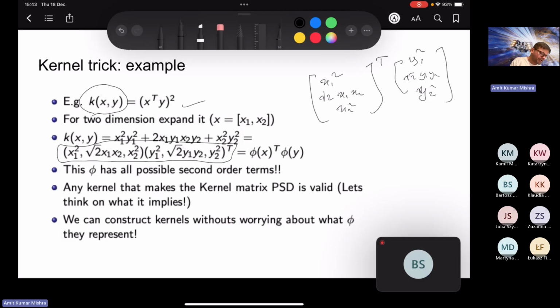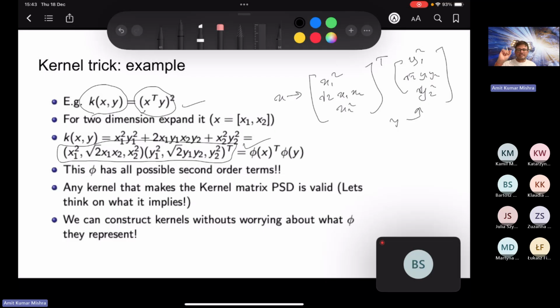So your x has been converted to this column and your y has been converted to this. So from just x and y, you are creating these three-dimensional vectors. But when you come to the dot product of that, so this is basically a dot product, you can find that just by finding x transpose y whole square.